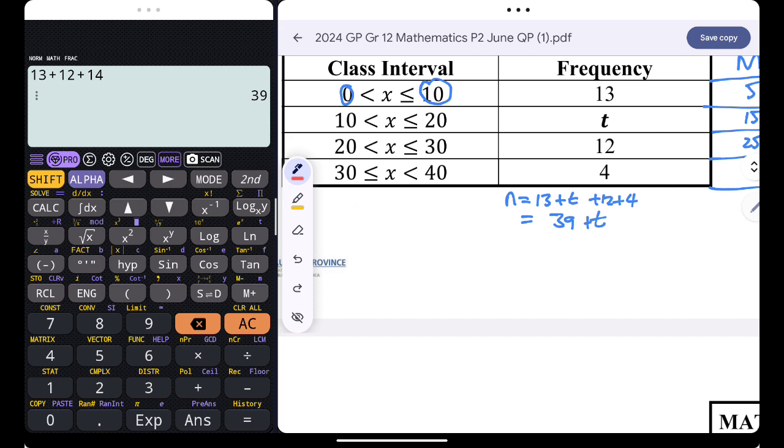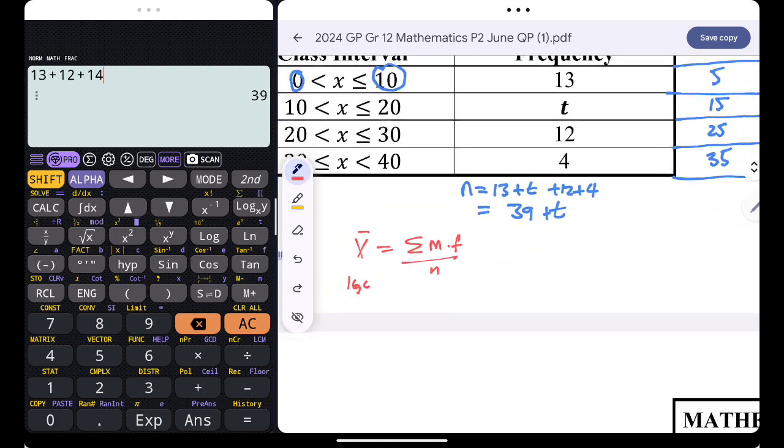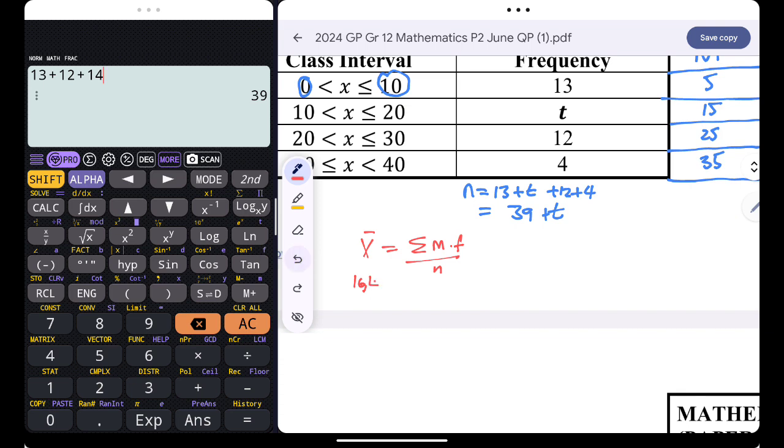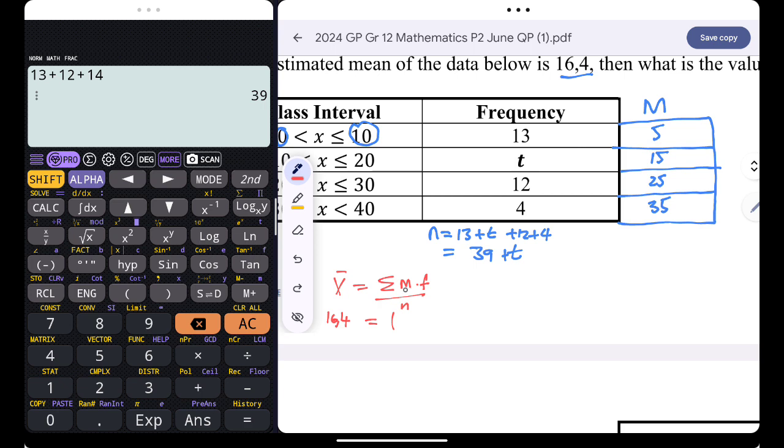Since I'm given the estimated mean, I know that my mean is the sum of the class midpoint multiplied by the frequency, all over the number of elements. The mean I was given is 16.4. For the numerator, I just need to multiply the class midpoint and the corresponding frequency, class midpoint and corresponding frequency each time.